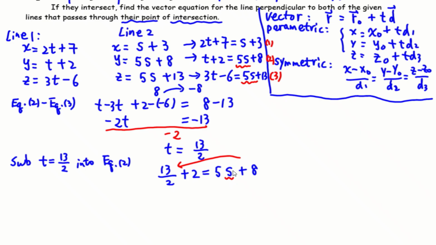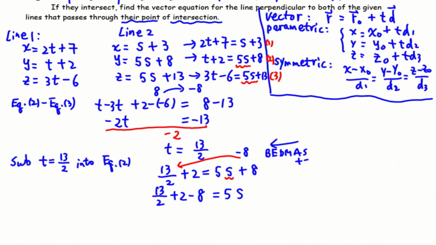When we isolate s, we do the backward of BODMAS. So we move the adding and subtracting first. Move the plus 8 to the other side, doing the opposite operation. So we collect the like terms. Then 13 over 2 plus 2 minus 8 equals 5 times s.